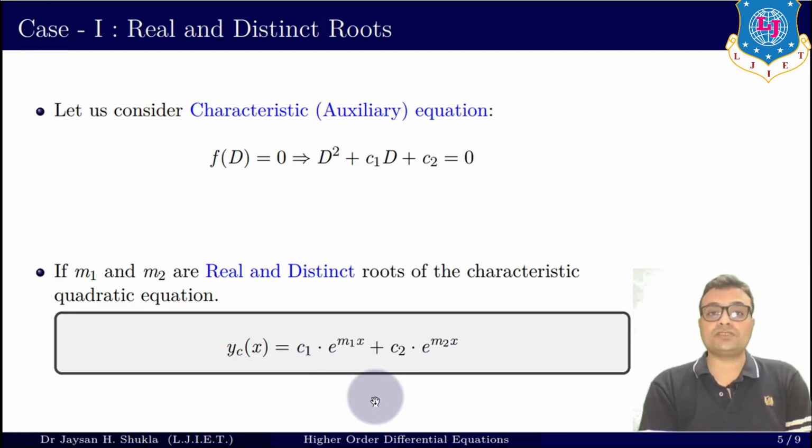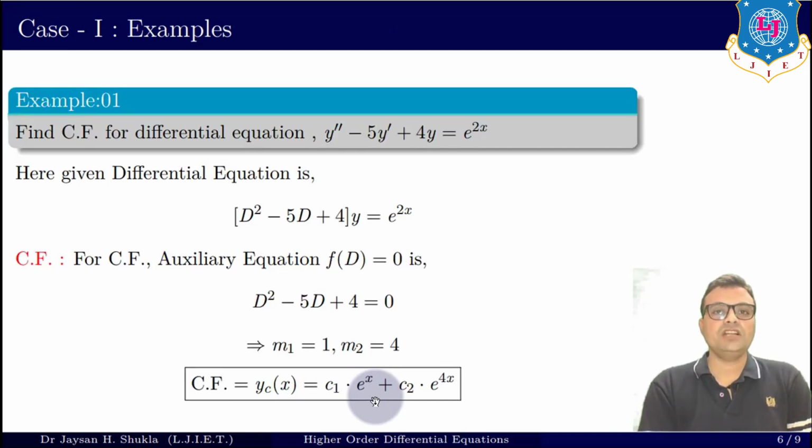So this will be the structure of complementary function. Let us consider one example to make this thing clear. Example number 1, find CF for differential equation y double dash minus 5y dash plus 4y equals to e raised to 2x.